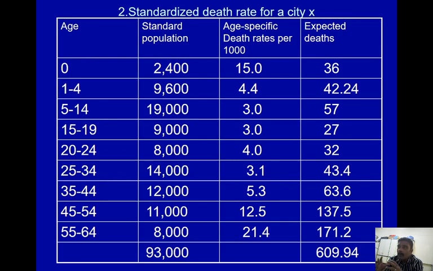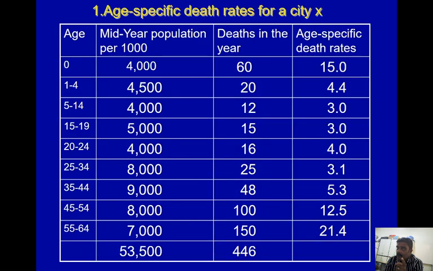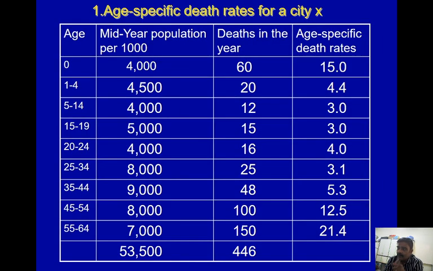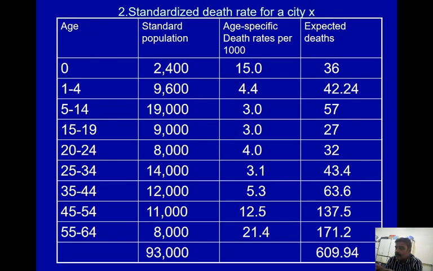And then you take up the whole district's population, divide it into age groups, and multiply the age specific rates that you got from the study onto this population, and then you calculate the expected deaths. So the actual deaths are 446, and the expected deaths come to 609. So you got the difference.